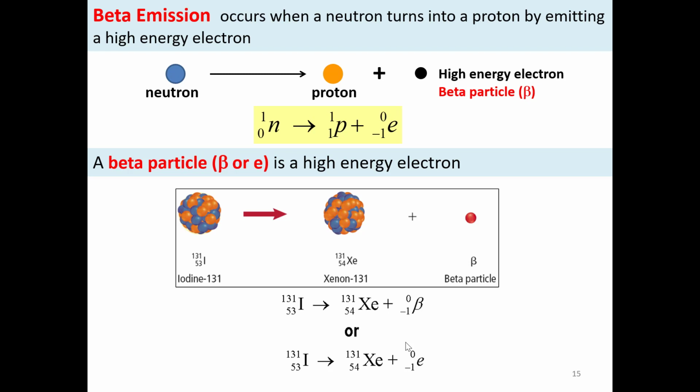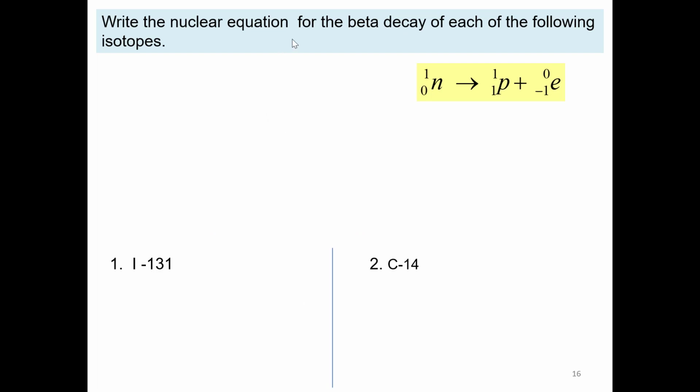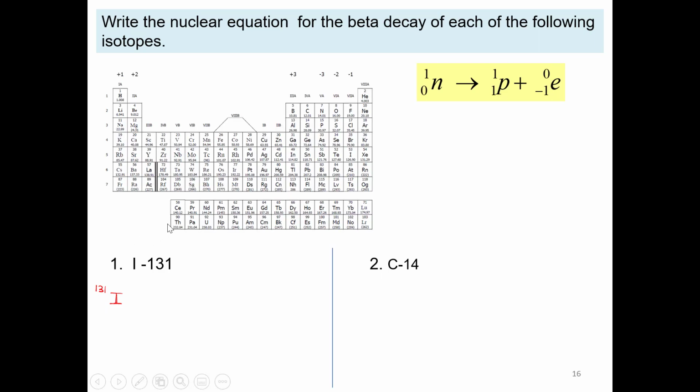Now let's learn how we can write the nuclear equation when an isotope emits a high energy electron. Let's write the nuclear equation for the beta decay of each of the following isotopes, iodine and carbon. Let's start with iodine. First we will write the nuclear symbol. To know the number of protons, or the atomic number, we will use the periodic table.